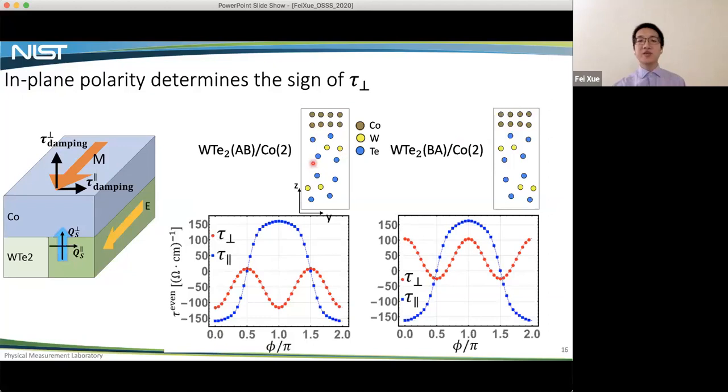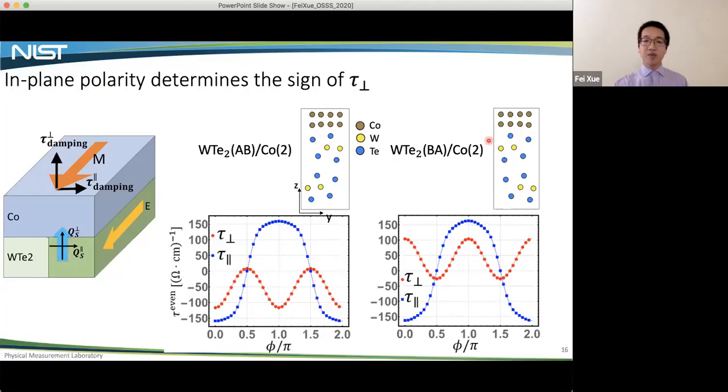So when they do this exfoliation, it's not necessary to get one single interfacial configuration between the TMD and the permalloy. In fact, they get two. So in our simulation, we also try to do that. Try to get two relaxed configurations where the interface between cobalt and the tungsten ditelluride is opposite in these two cases, which means the symmetry breaking polarity in y is opposite in these two cases.